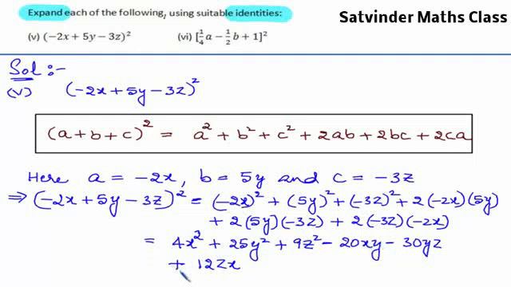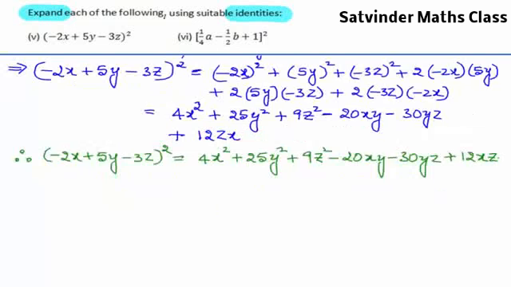Here plus, minus into minus plus again, so 2 into 3 that is 6, 6 into 2 is 12, z into x that is zx. Therefore, the expansion of the expression that is minus 2x plus 5y minus 3z whole square is equal to 4x square plus 25y square plus 9z square minus 20xy minus 30yz plus 12xz.